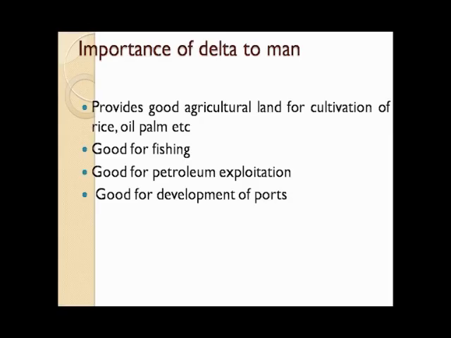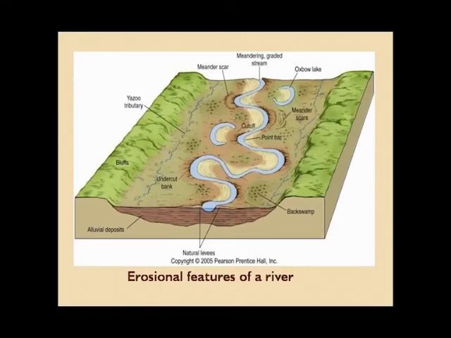It also is good for petroleum exploration as well as exploitation. And deltas are also good for development of ports because of the availability of a large body of water.